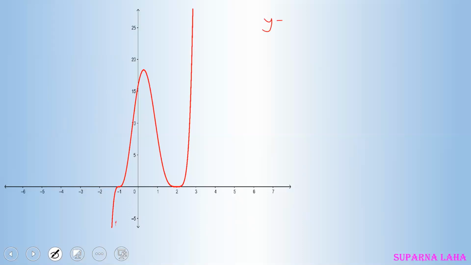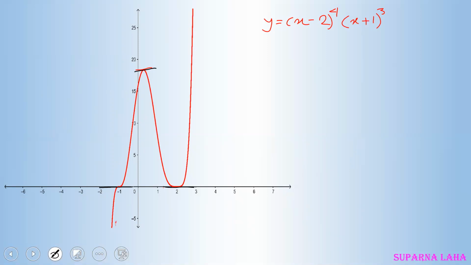So here I'm taking the curve y equals (x minus 2) to the power 4 times (x plus 1) whole cubed. By the graph, I can say that at this point, this point, and this point, f dash x is 0.